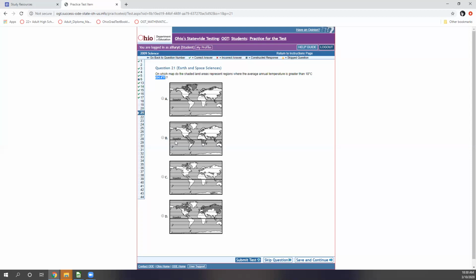And then we got the equator here. I don't know if you guys remember the equator belt, warmest temperatures on Earth because of the way our Earth rotates on its axis. Everything on the equator belt is going to be very warm and tropical. And then here, this is just all over the place. You automatically know to throw that one in the garbage.